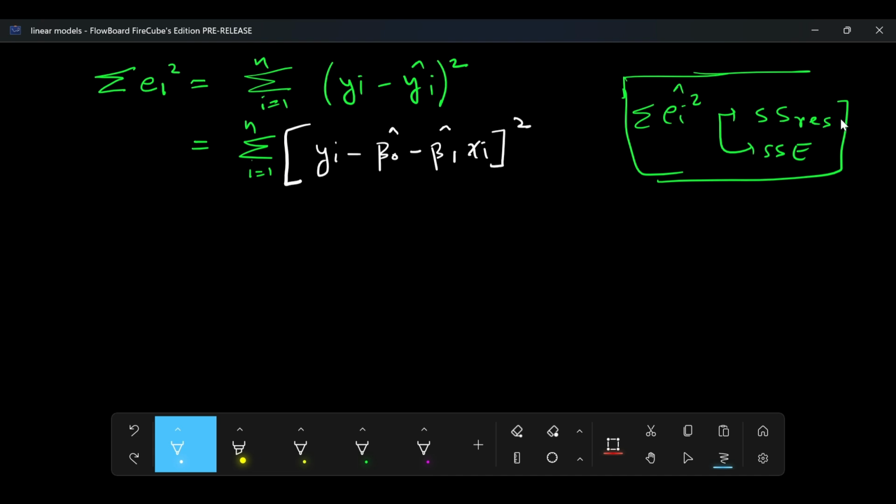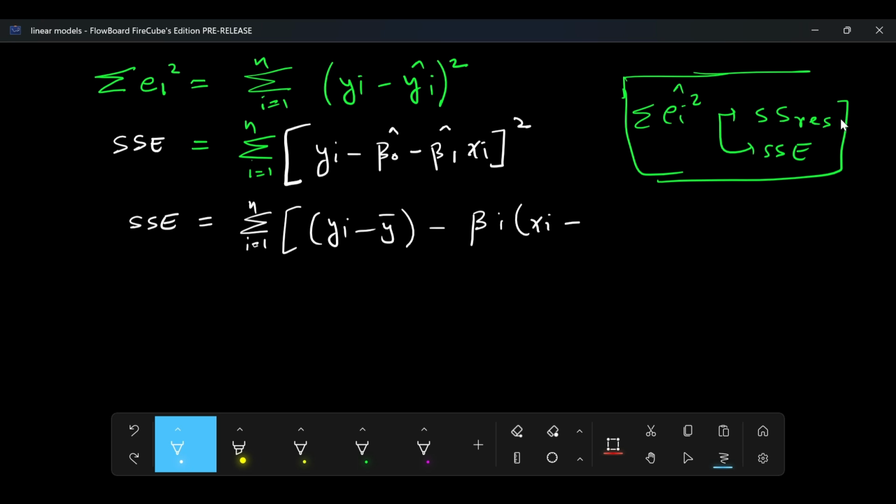Now this is also equal to, let's write this as SSE, summation i is equal to 1 to n yi minus y bar minus beta 1 hat xi minus x bar square. ये कैसे आया?